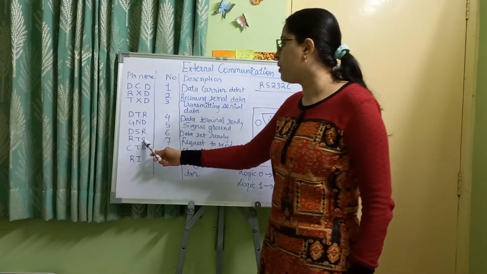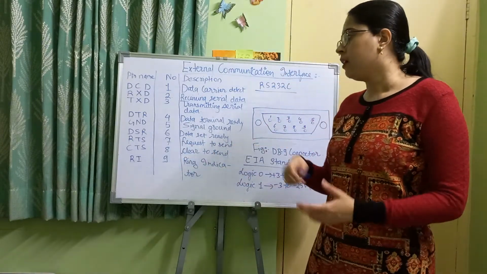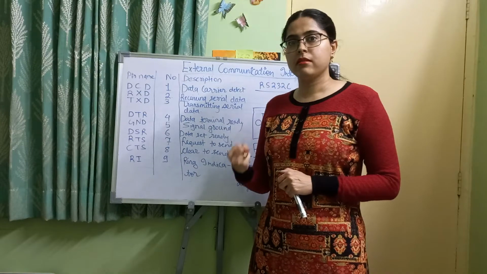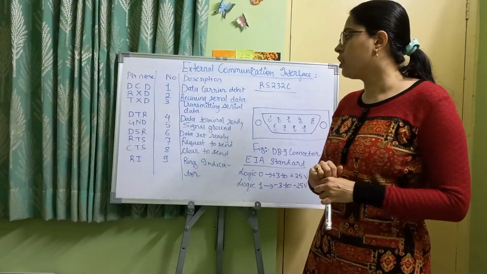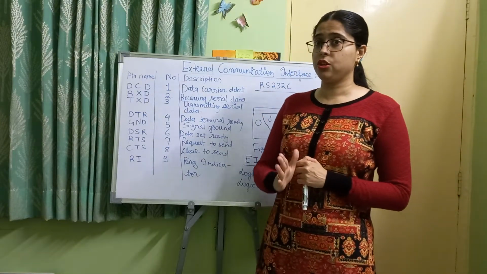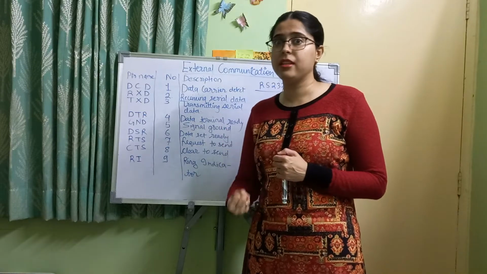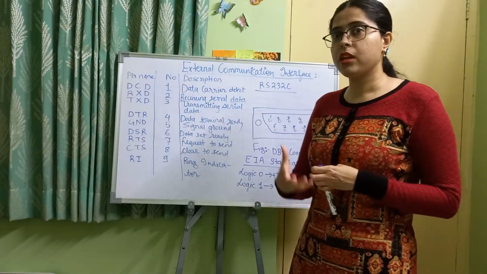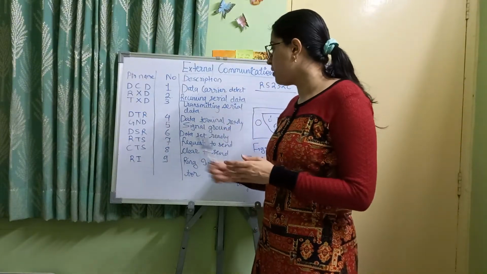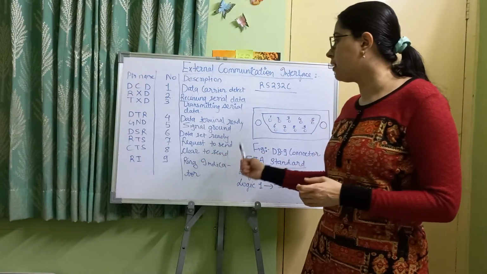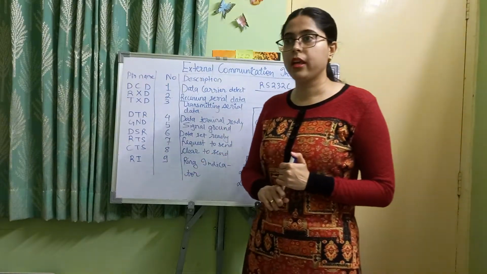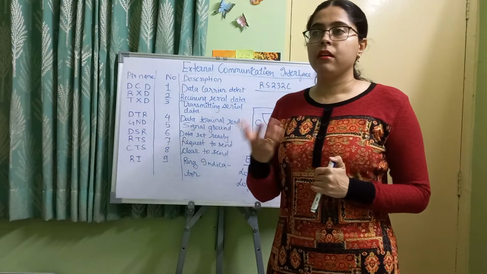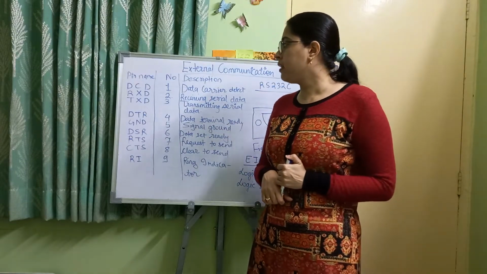Then it activates the pin RTS, request to send. Okay, and when this is detected by the data communication equipment and the data communication equipment is ready to accept the data, then it activates clear to send, that is the CTS line. Okay, so in this way the signals are playing the role.